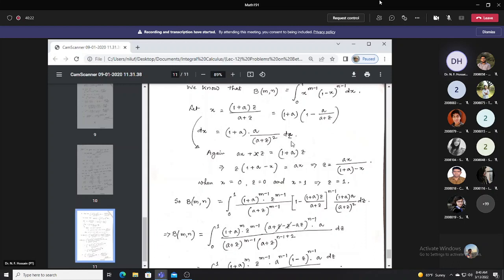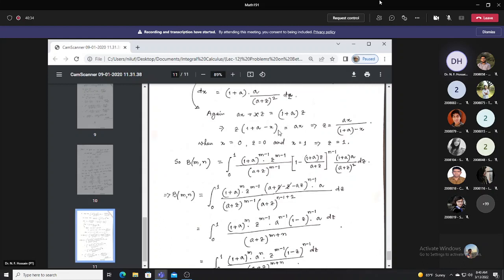Again, from this relation, multiply crosswise: ax plus xz equals (1 plus a) into z. Here I am taking this xz to the right side and then taking z common.